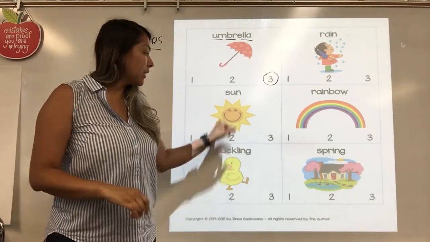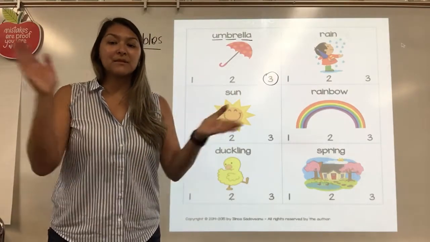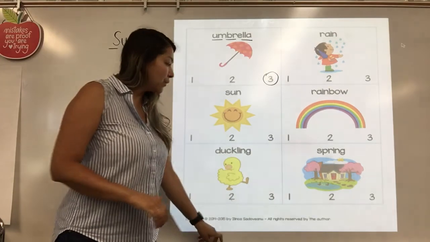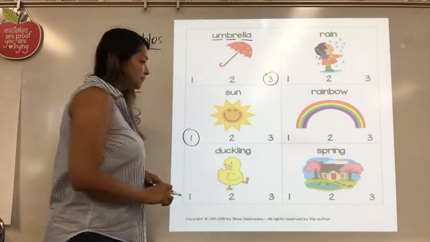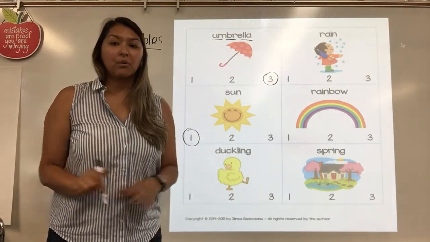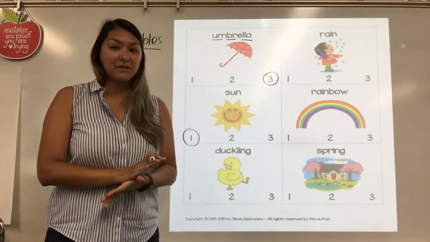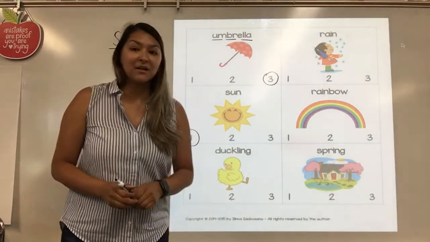Sun is a really short word and it's only 1 syllable. So we are going to go ahead and circle the number 1. It's a really short word. It's not a long word like umbrella where we can hear multiple syllables. Okay, good job.